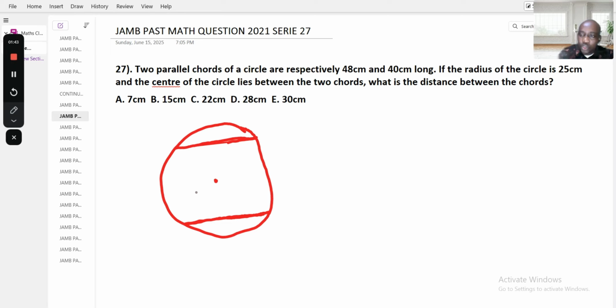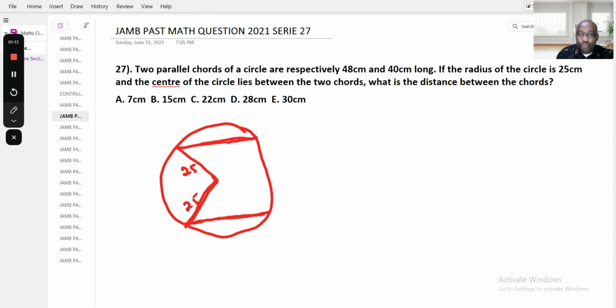We were told that the radius of the circle is 25 centimeters. A radius can join from here to here, or anywhere. Let's say from here to here, it is called a radius, which is 25. And from here to here again is another radius, 25 centimeters.